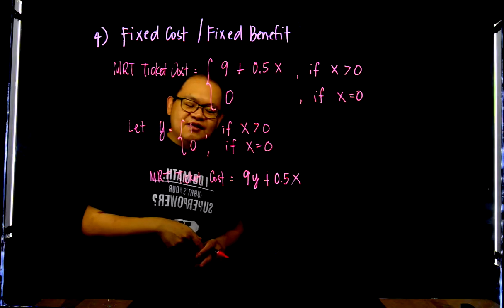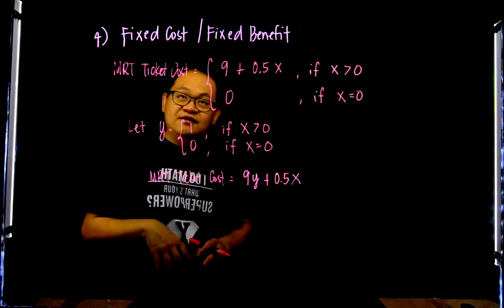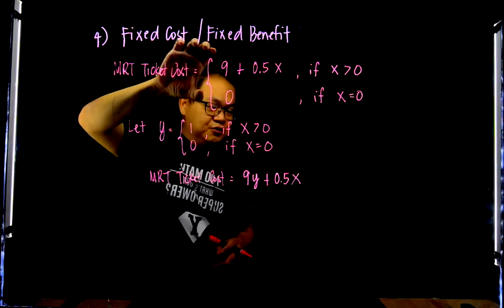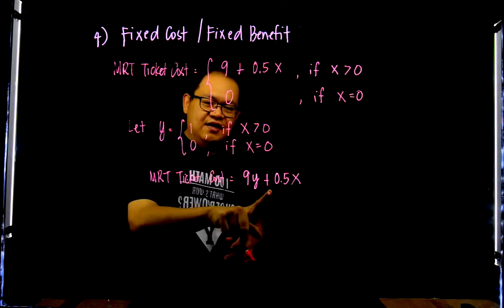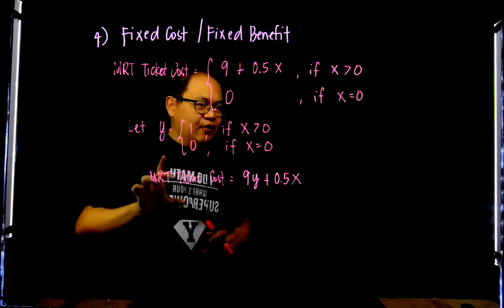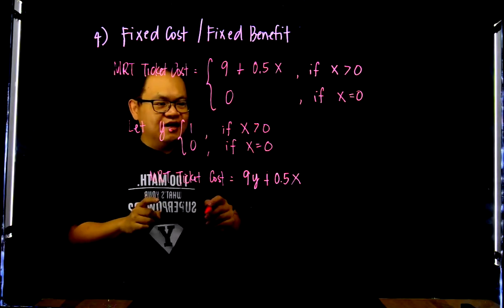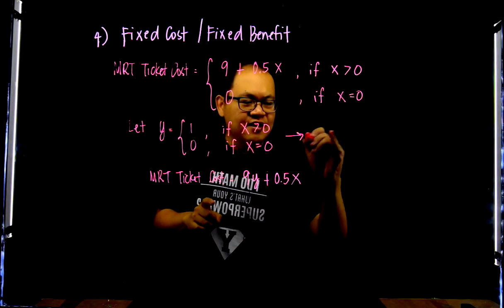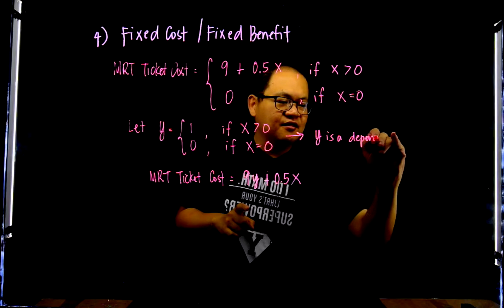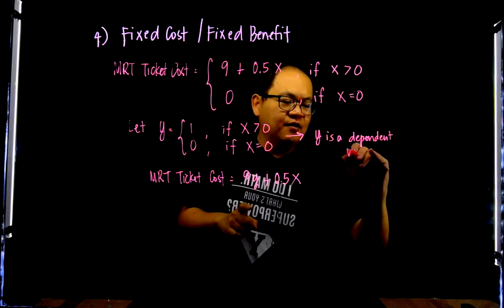Now, it might seem simple that the linearization of this MRT ticket cost function, the split function, is just this, by adding this definition of y. However, we have to understand that y here is a dependent variable.